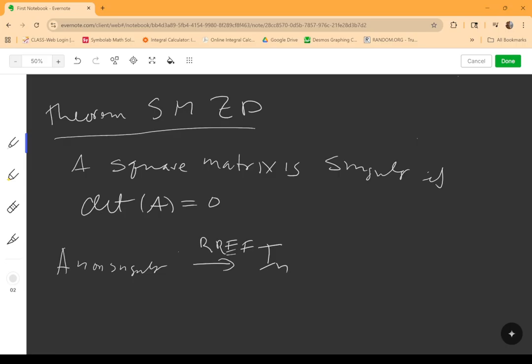Once we introduce a row of zeros, the determinant of A is going to be 0. So that's the idea behind this proof. If A is non-singular, it row reduces to I_n, and the determinant of I_n is 1, which is not 0. Tracking the row operations back gives the determinant of A to be non-zero.